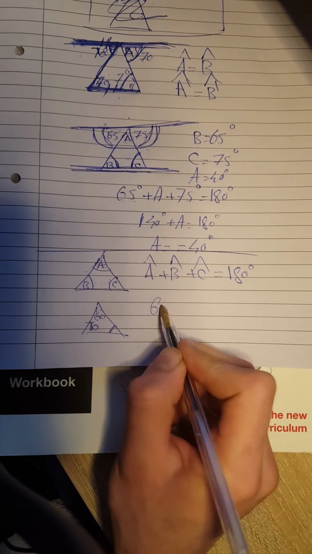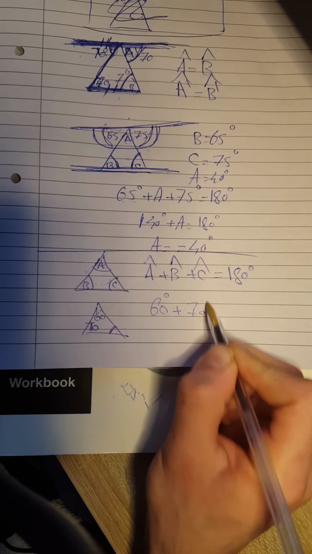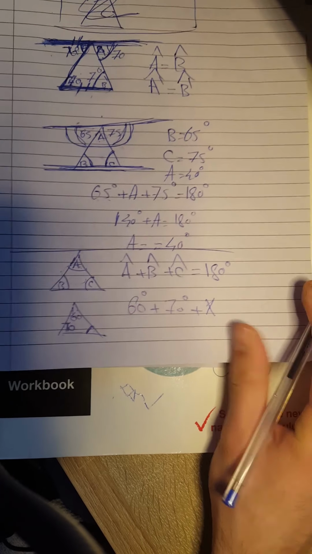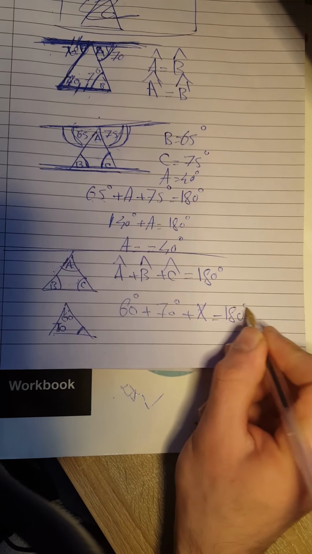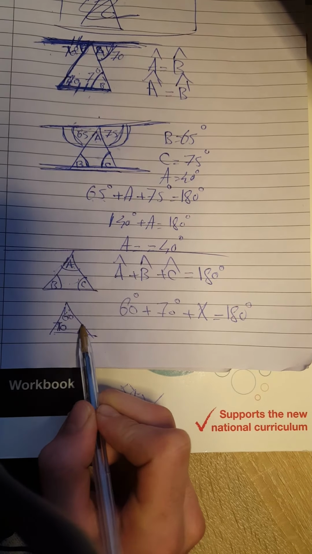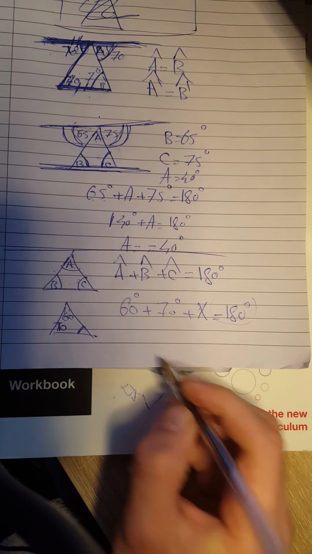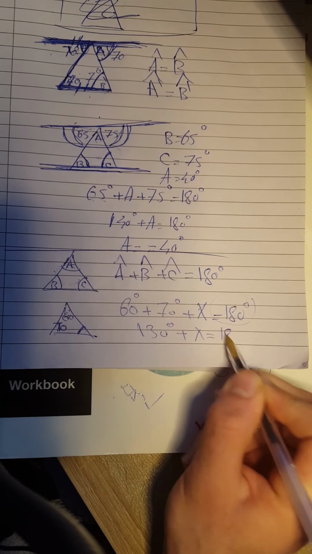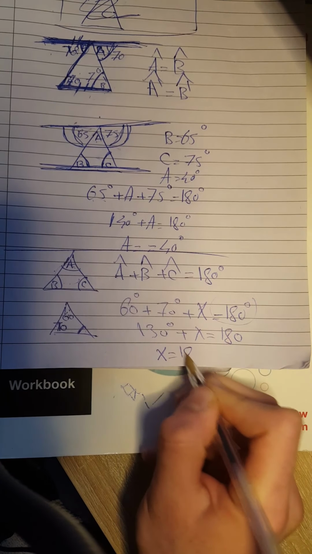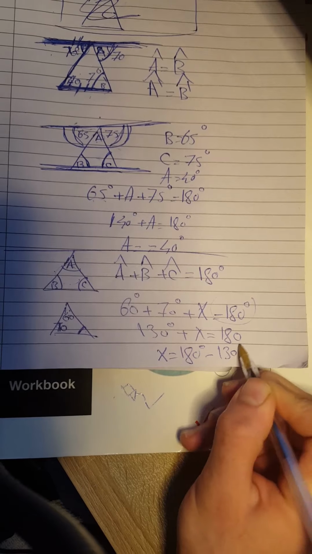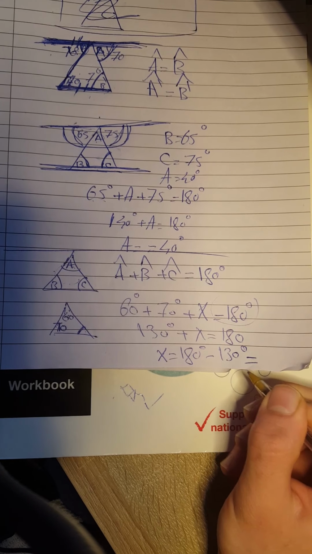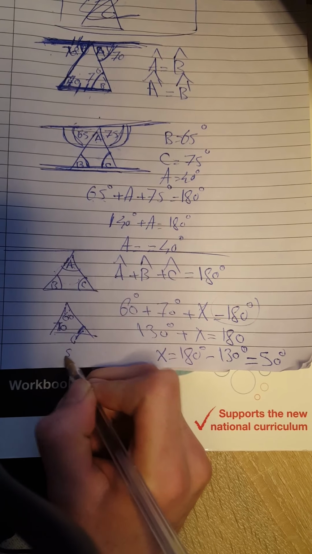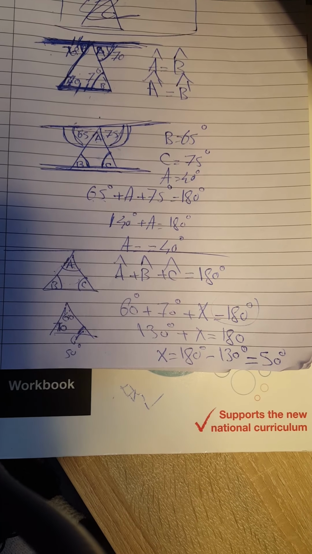So 60 degrees plus 70 degrees plus x, we call it x, it's unknown, equals 180, because this one plus this one plus this one equals 180. So 130 degrees plus x equals 180, and x equals 180 degrees minus 130 degrees, which ends up with 50 degrees. So this one is 50 degrees, guys.